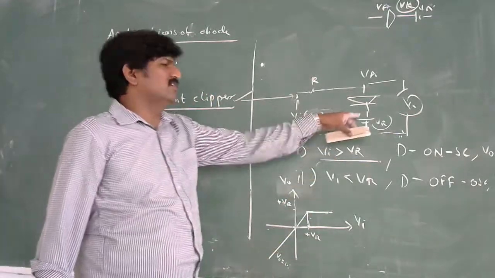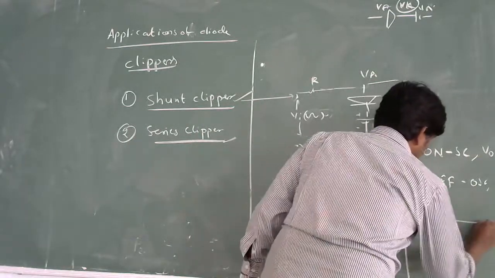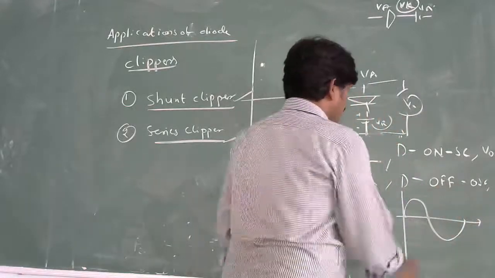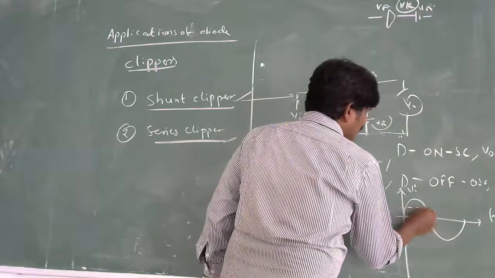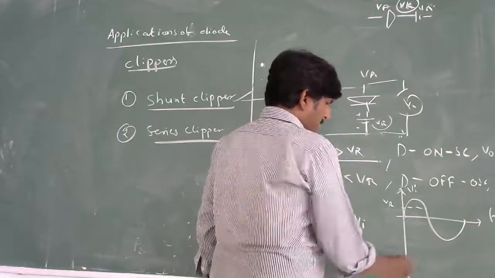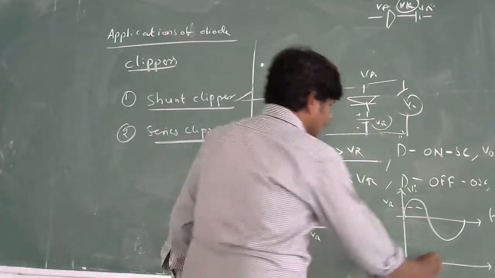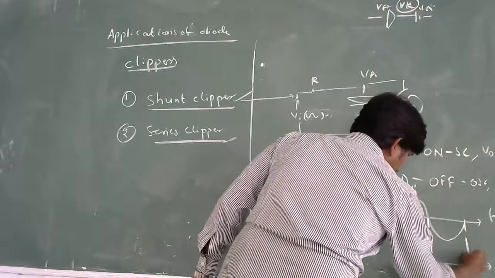When you have the reference voltage, how do the input and output waveforms behave? This one is Vi. Then we can have this VR. Then we can draw the output. This one is for positive, this one is for negative.